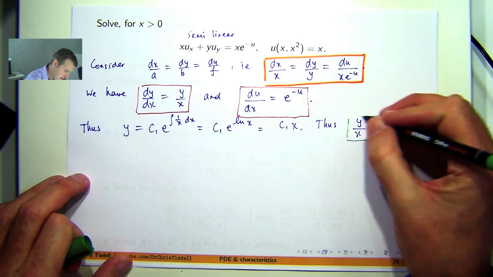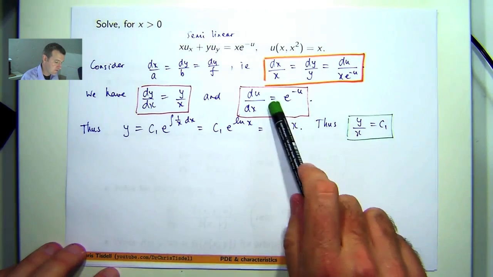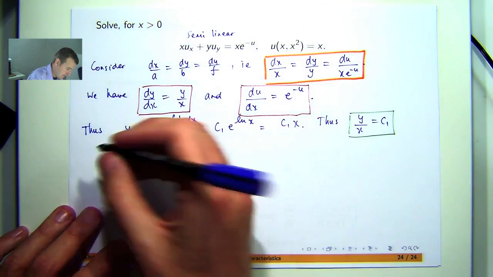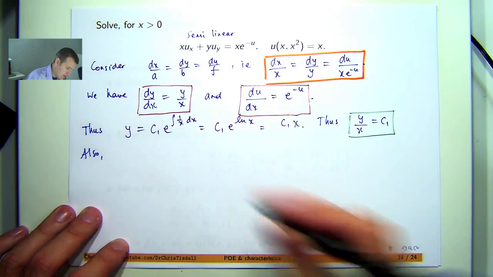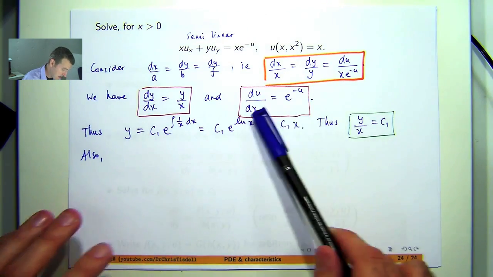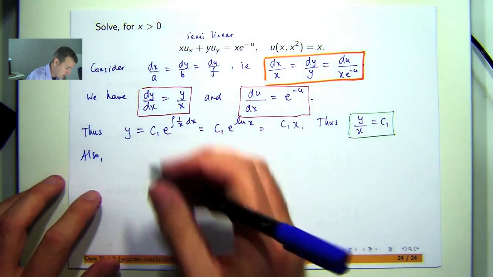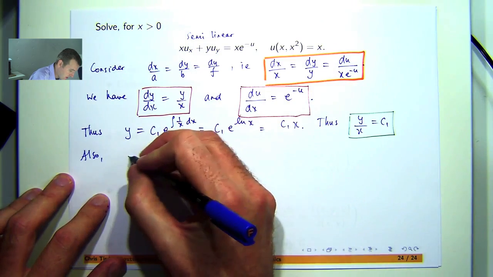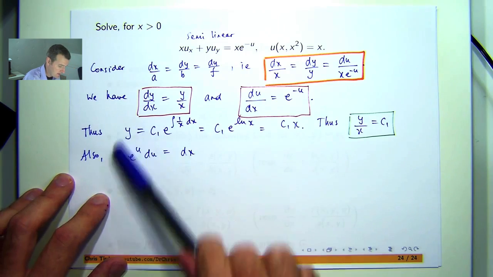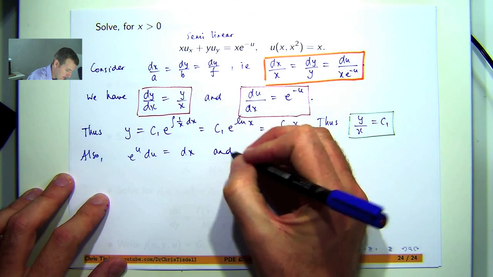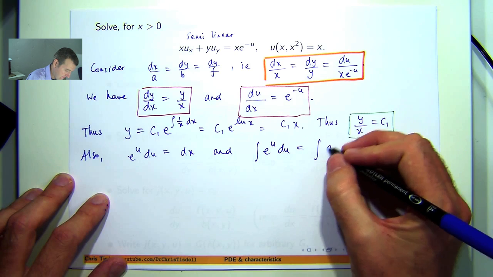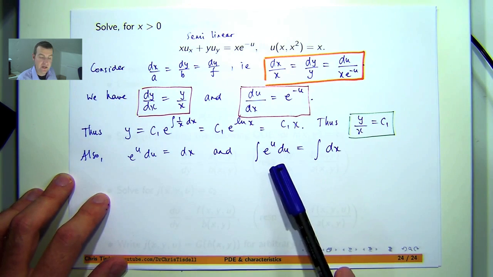Okay, so now what? Let's go through and solve this second differential equation. So this is a separable differential equation. If I separate the variables and integrate, I'll have something like the following. So I integrate both sides. On the left-hand side, I'm going to get e to the u.